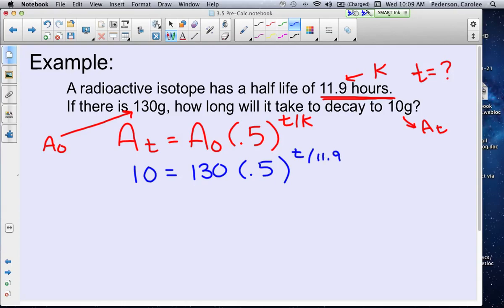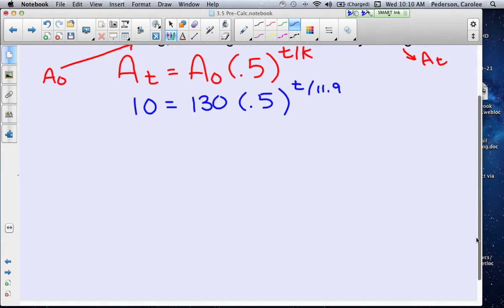And we have to solve this equation for t. So think back to how you solve exponential equations. What should we do first? Divide by 130, yep. So 10 divided by 130 equals 0.5 raised to the t over 11.9.